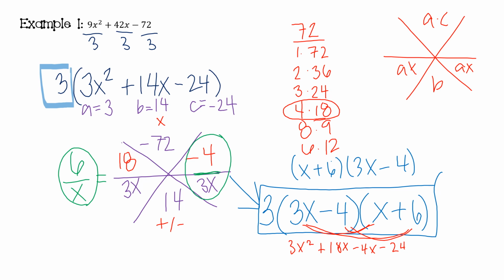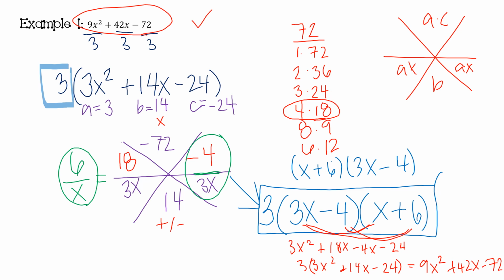Combine the 18 minus 4, so that would give me plus 14x minus 24, and then my GCF gets multiplied at the end. So if I multiply this whole thing by 3, that would give me 9x squared plus 42x minus 72, which was the original question. So then I know that my answer is correct.